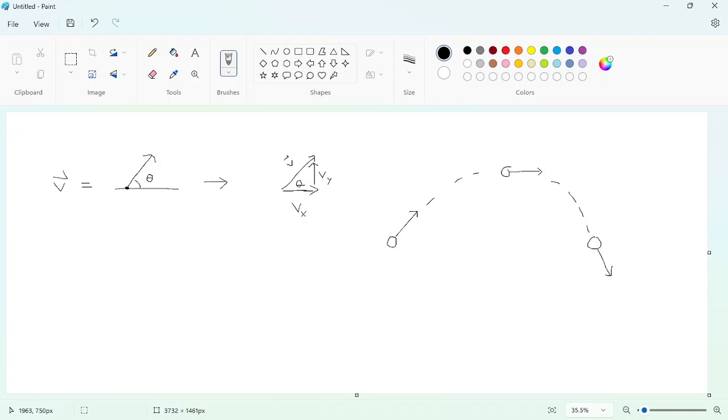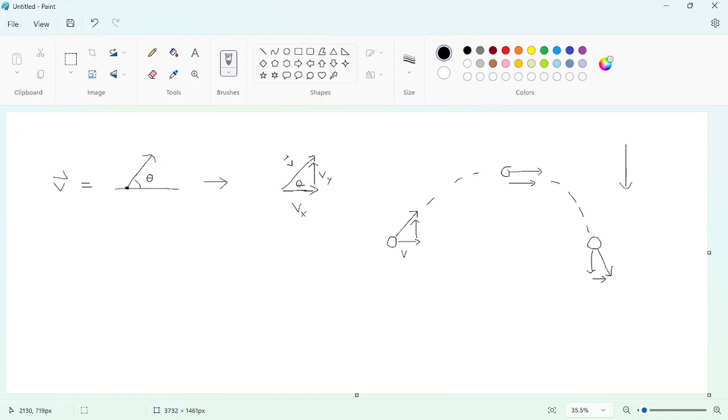This ball at any given point, because of its trajectory, we can assume that it's being affected by gravity. And gravity pulls it downwards, which is causing it to have this motion. So if you break it down into its components, you'll have Vx, Vy. In this case, Vx, no Vy, Vx, and negative Vy.